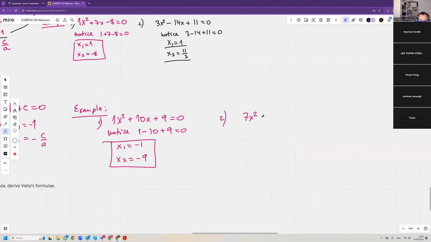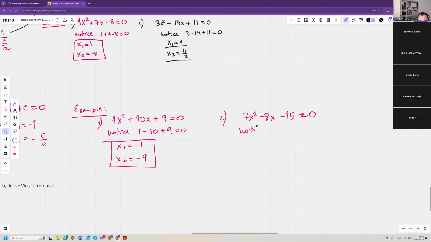7x squared plus 8x minus 15 equals 0. Oh, sorry, minus 8 minus 15 is 0.